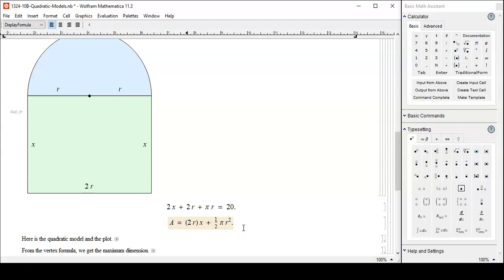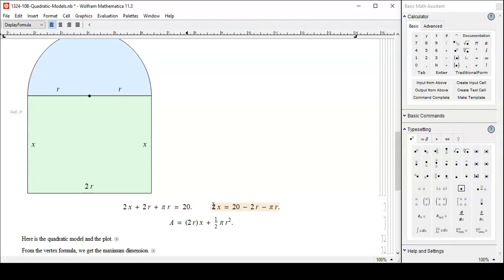But we have a problem. We have two variables, x and r. Is there any way to reduce it into a function of a single variable? Yeah, you can do that. You can solve for x from here and plug it in. Okay, how do you do this? 2x equals 20 minus 2r minus pi r.